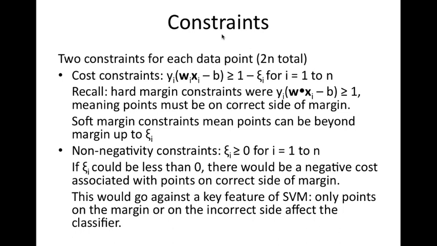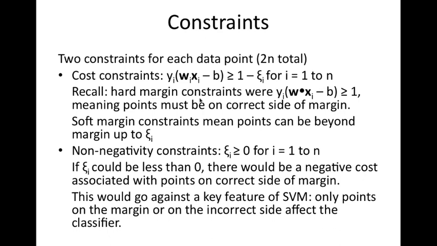So now we'll get further into detail of the constraints that we mentioned earlier. Like we talked about, there are 2 constraints for each data point. The cost constraints: y sub i times the quantity of vector w dot product with x minus b is greater than or equal to 1 minus ξ sub i for all i.